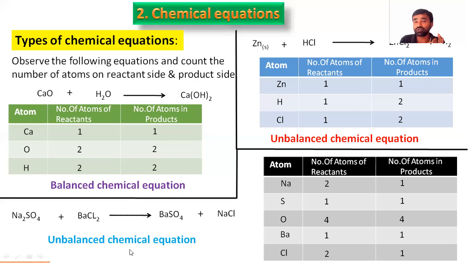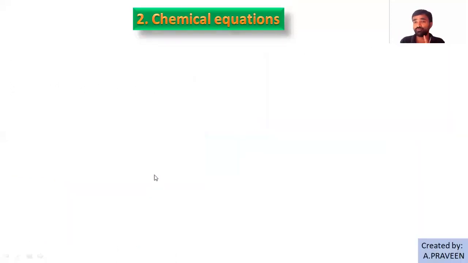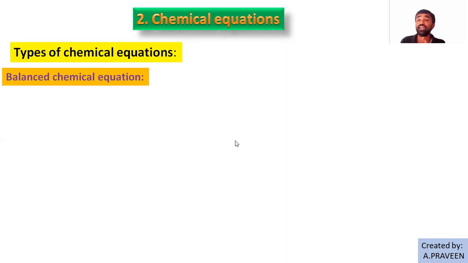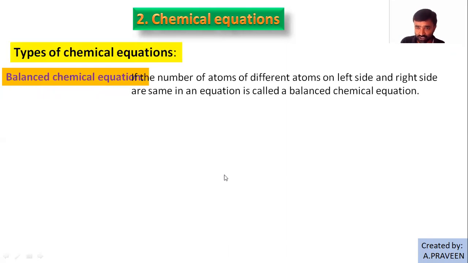So here I got the types of equations: balanced chemical equation and unbalanced chemical equation. I introduced these two types based on the count of elements before the change and after the change. If you find that the count remained the same, that equation is called a balanced chemical equation, right?